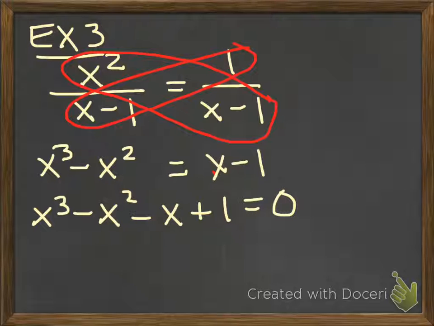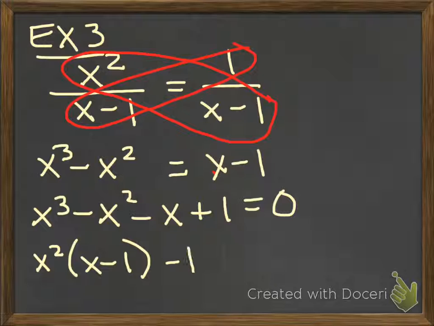And see if we can factor that. There are 4 terms, so we're going to try factor by grouping. So x squared, that leaves me with x minus 1. And over here, I'm going to pull out a negative 1.